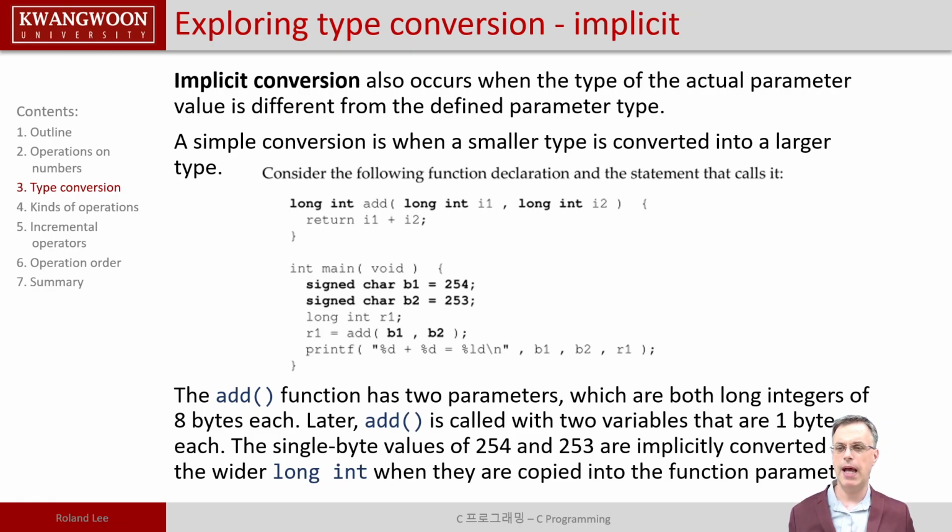The add function has two parameters, which are both long integers of 8 bytes each. Later, add is called with two variables that are 1 byte each. The single byte values of 254 and 253 are implicitly converted into the wider long int when they are copied into the function parameters. The result of the addition is 507, which is correct.